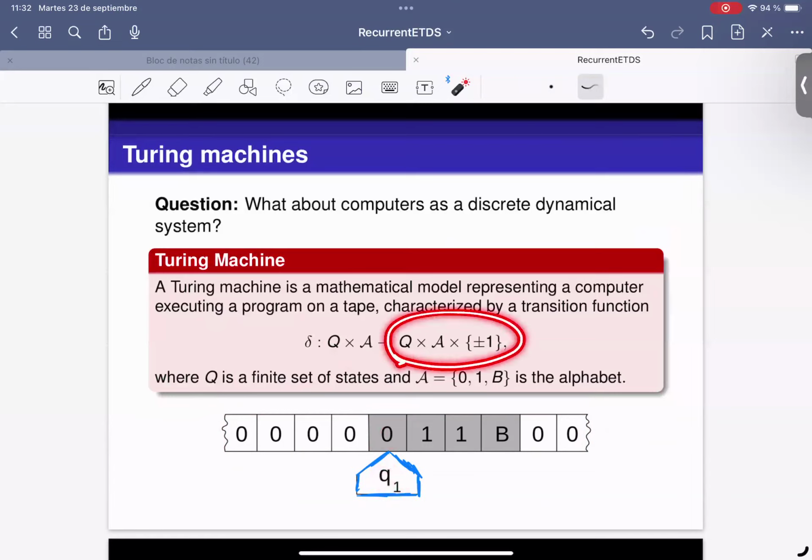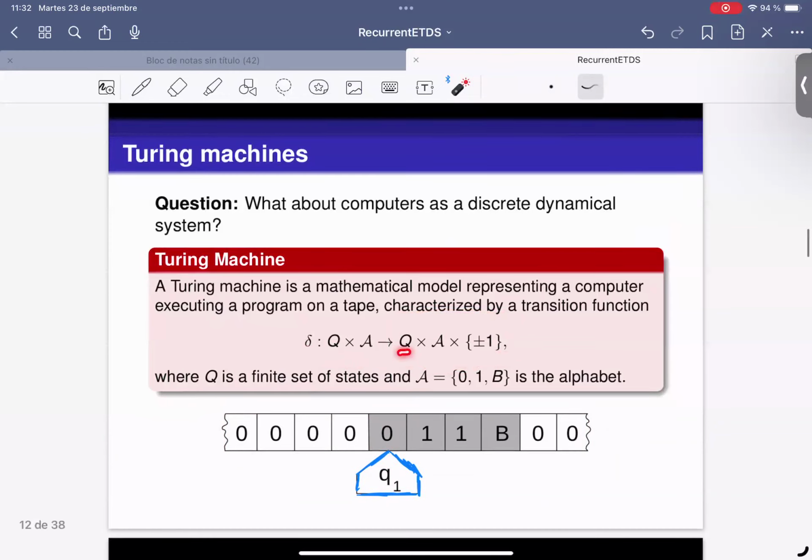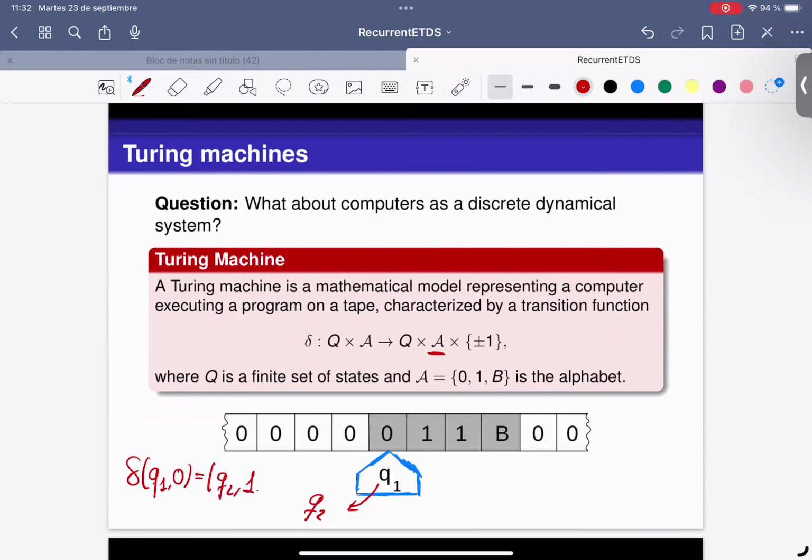And you apply the transition function, and then you get another state, meaning that I'm going to transition from state Q1 into state Q2, another state of my finite set of states. I will write another symbol. So suppose that in this case, delta of Q1, 0 is, let's say, (Q2, 1, -1).